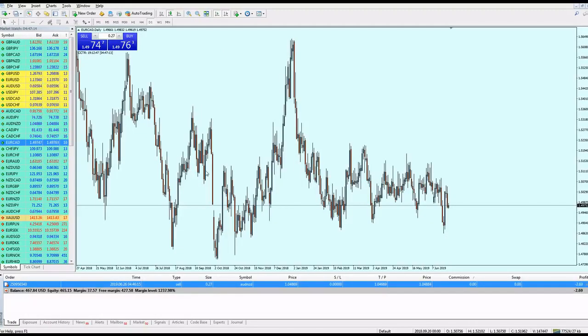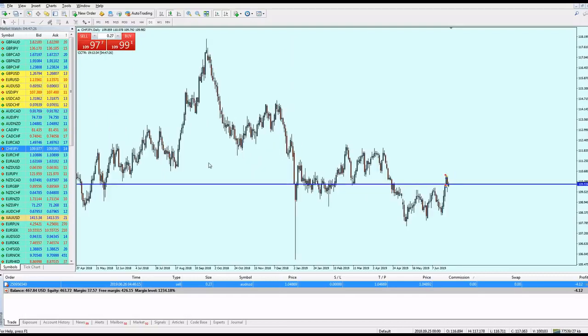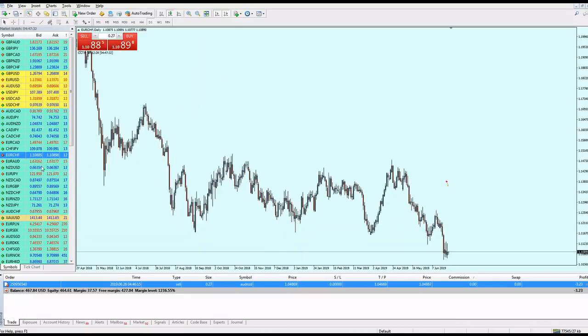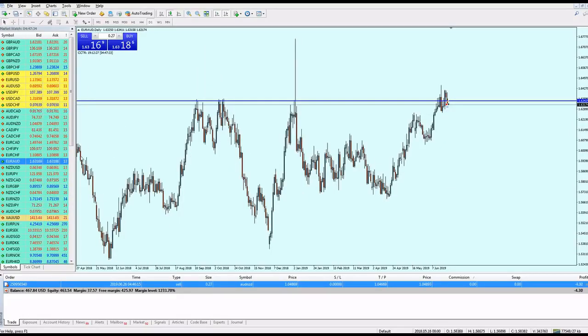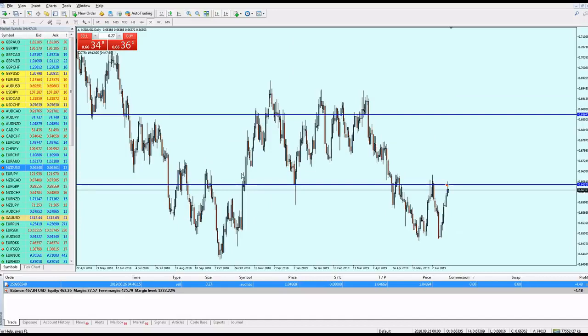I don't like to enter in the middle of the day or late in the day. I prefer to end as early as possible, and that's why I like to enter early in the morning. So maybe by noon time or afternoon, this trade will be finished, and that's better for me. I really don't like to keep my trade running for the next day.